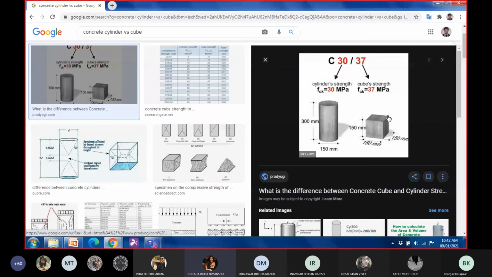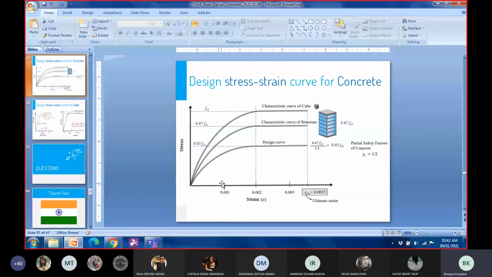Can you repeat? Okay. So what I've done is I have taken coarse aggregate, fine aggregate, mixed them, put water, put cement, made concrete. Now I've put some concrete in the mold of the cube and some in the mold of the cylinder.